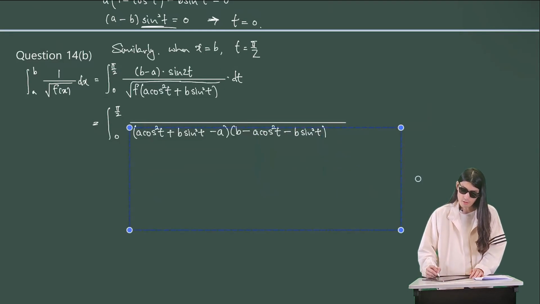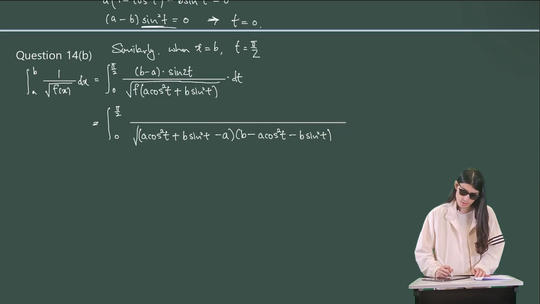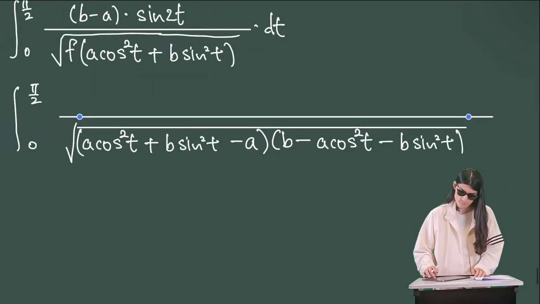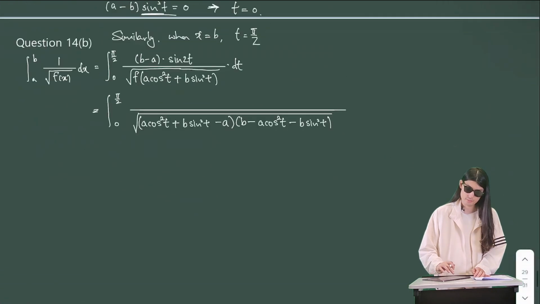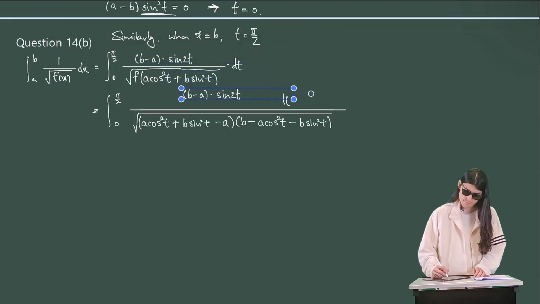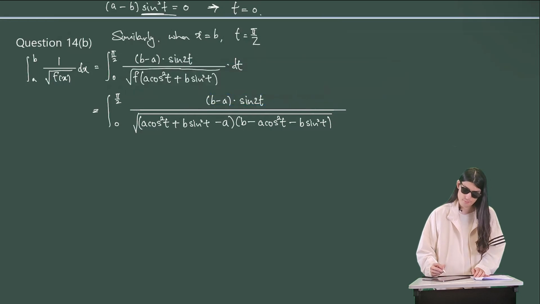That is f of a cos squared t plus b sine squared t. Now, in our integrand, we have this under a square root, don't we? And the numerator, for now, stays the same. Okay?